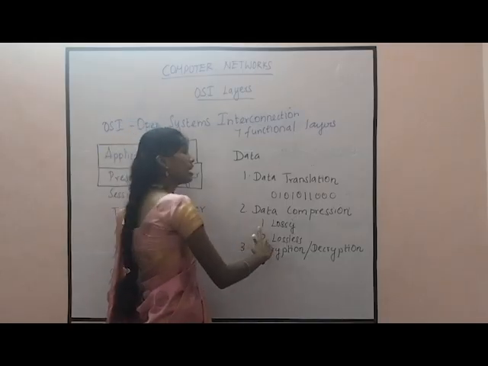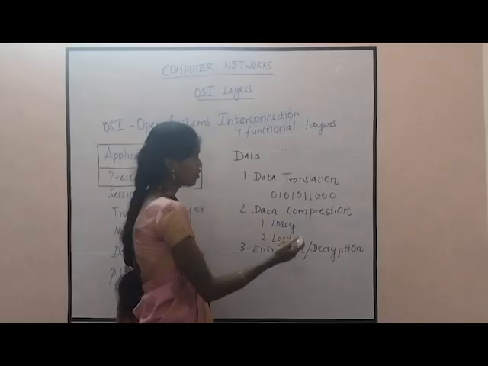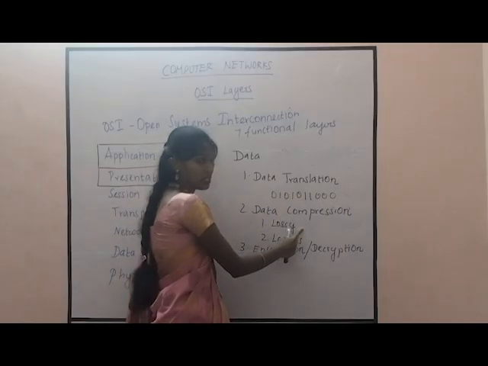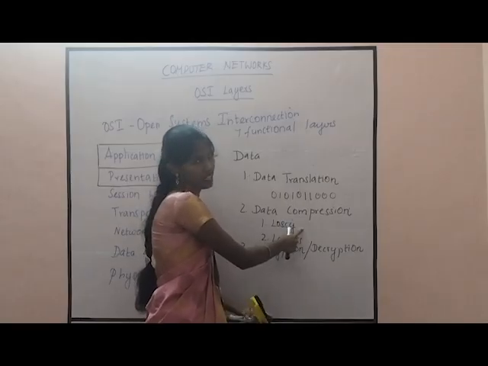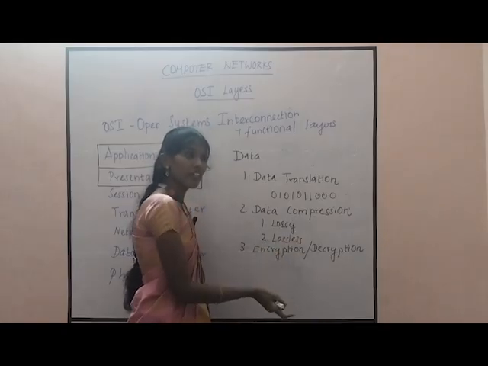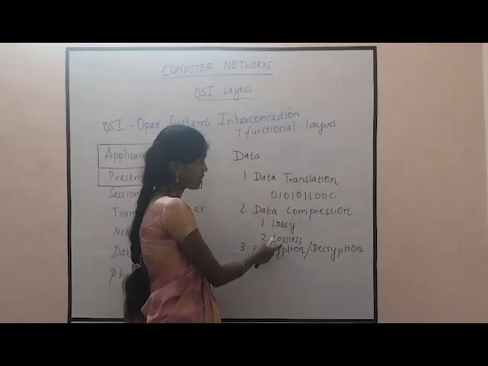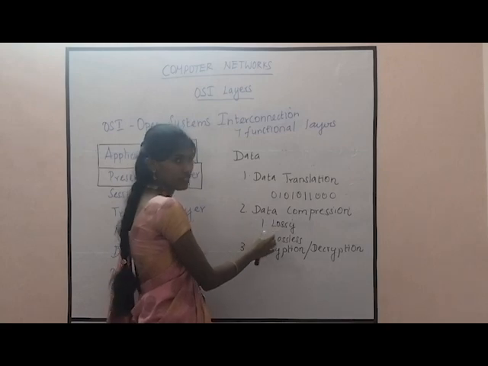Then when reconstructing at the receiver side, we bring it back to the original form. Lossy compression will miss some data, that is, the quality of the data will get reduced. In lossless compression, when you reconstruct, the quality will be retained as it is. So this is the difference between these two types of compression.